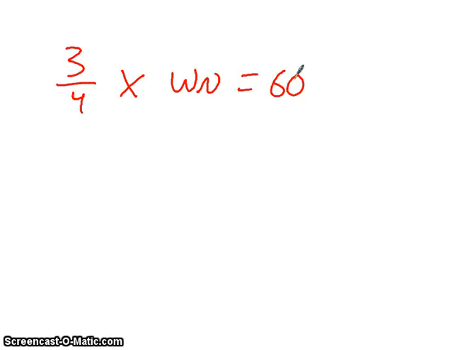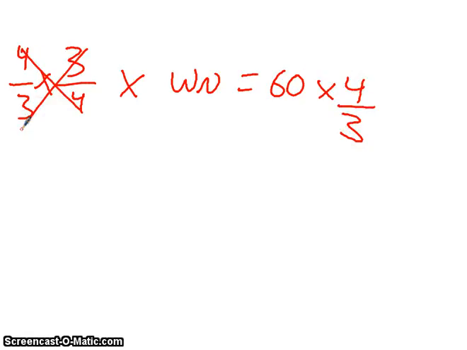We do the reciprocal, which is multiplying by 4/3. We're going to do both sides by 4/3. That's gone. So that's 20. What's 20 times 4? 80. So 80 is the answer.